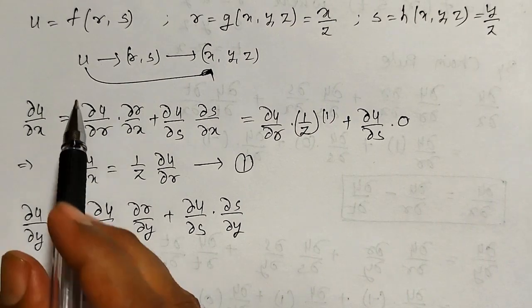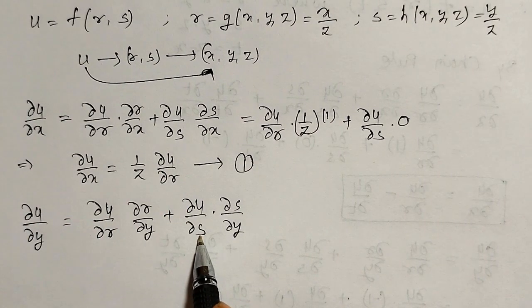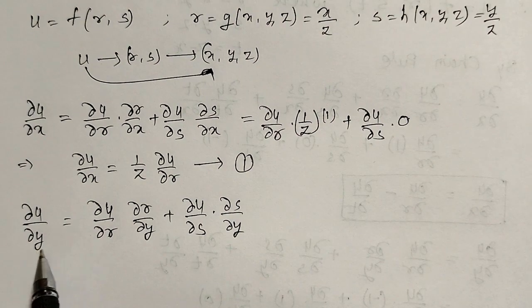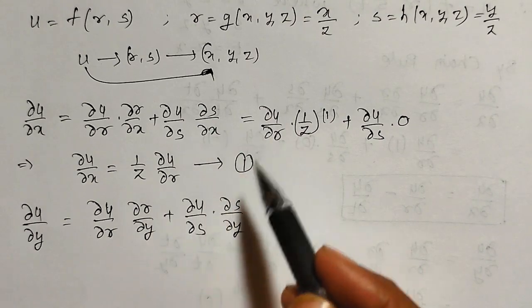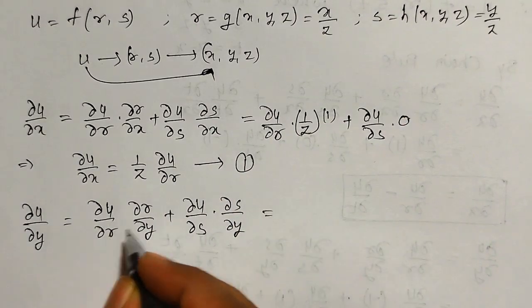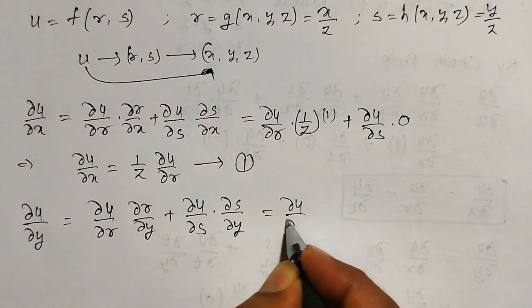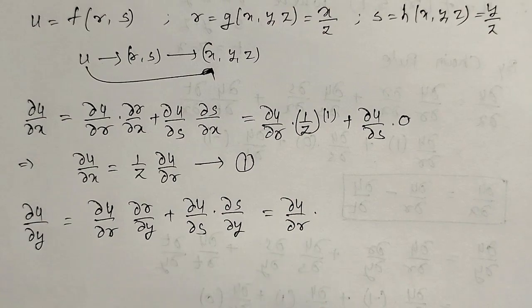As u is a function of r and s, dou u by dou r and dou u by dou s exist, but I want the partial derivative with respect to y. r is again a function of x, y, z, therefore dou r by dou y. s is also a function of x, y, z, therefore dou s by dou y. Therefore dou u by dou r I keep as it is, because u is some function and I don't know what that function is.